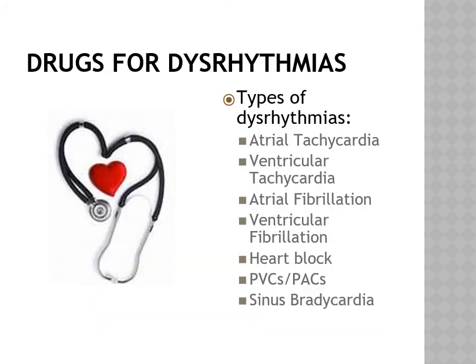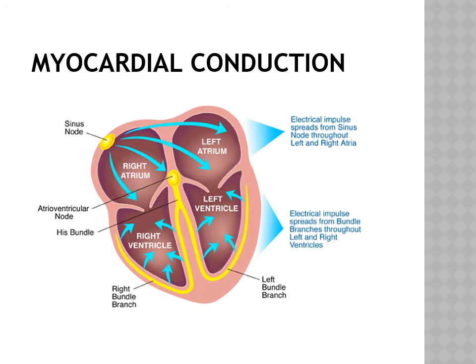So moving on to drugs for dysrhythmias. Dysrhythmias is a word used to talk about abnormal rhythms. And so there are different types of abnormal rhythms, which you can see are listed here. And we will discuss some of the dysrhythmias on the next few slides. And generally, these dysrhythmias occur because of a disruption in electrical impulses.